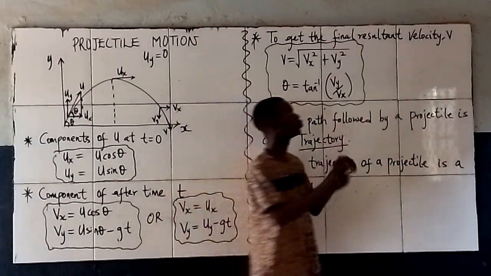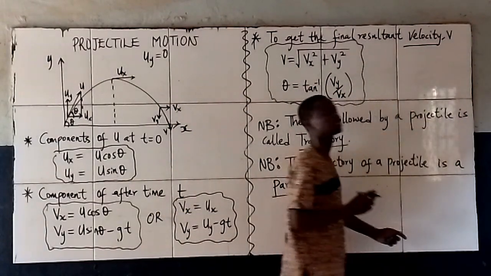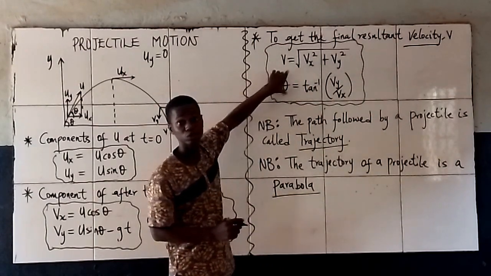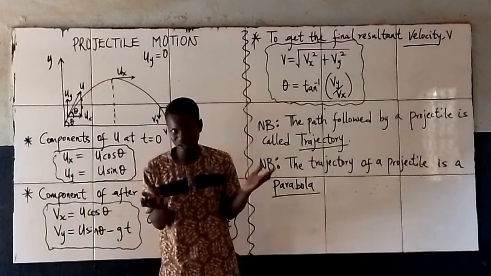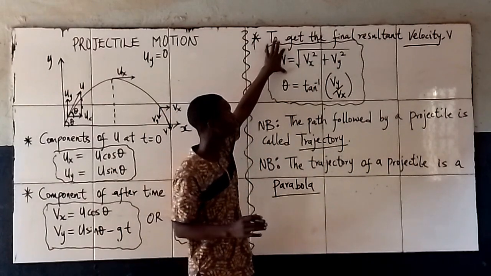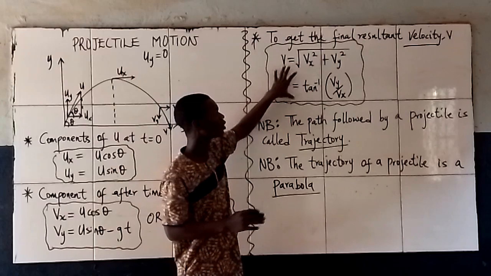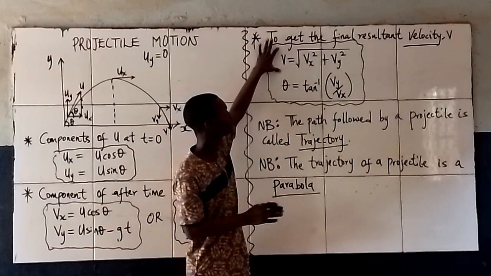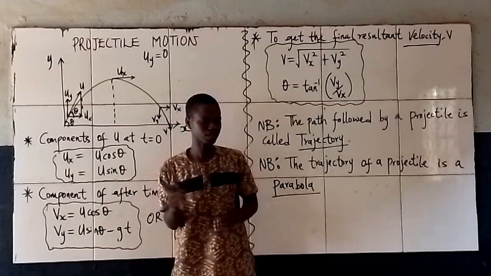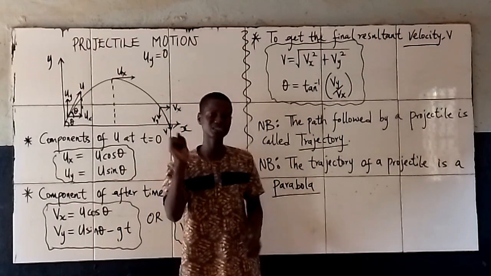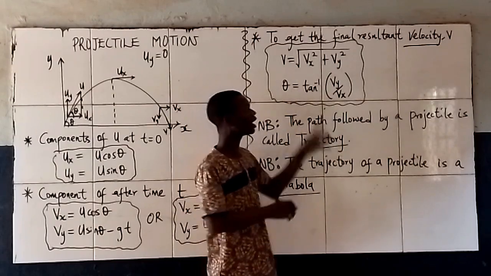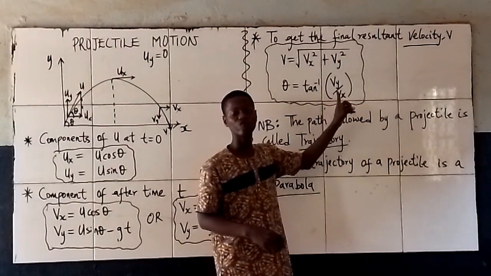Because when you use the word velocity, it shows that it has a magnitude and it should also carry a direction. Is it not? So, in most cases for projectile motion, they don't just expect you to get the magnitude and not find the angle. They expect you to find both magnitude and direction. So, to get the angle, that is the theta, at which the final velocity will be acting, the formula to use is tan inverse of bracket Vy over Vx.